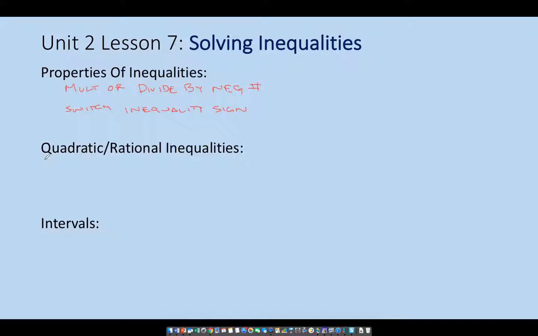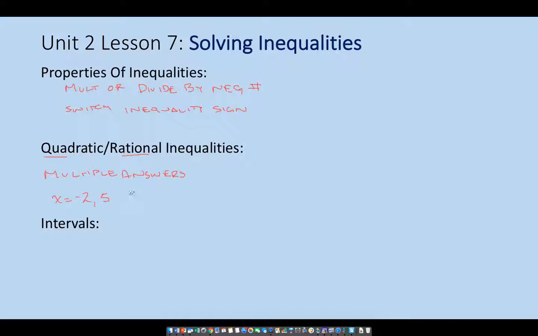We've got some special cases here. When we have quadratic or rational inequalities, some things are going to happen. You're going to get multiple answers. And what do these multiple answers mean? Let's say we had something like x equals negative 2 and 5.